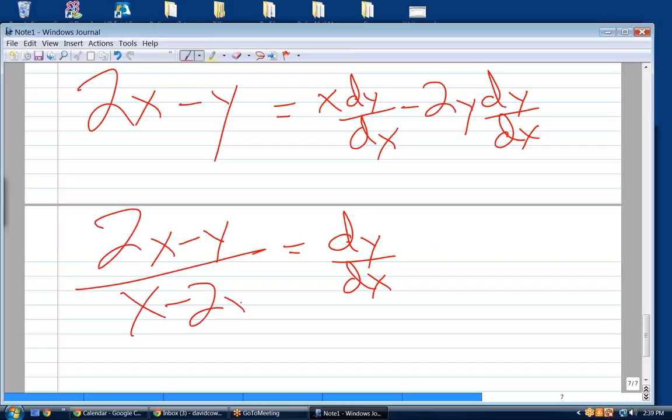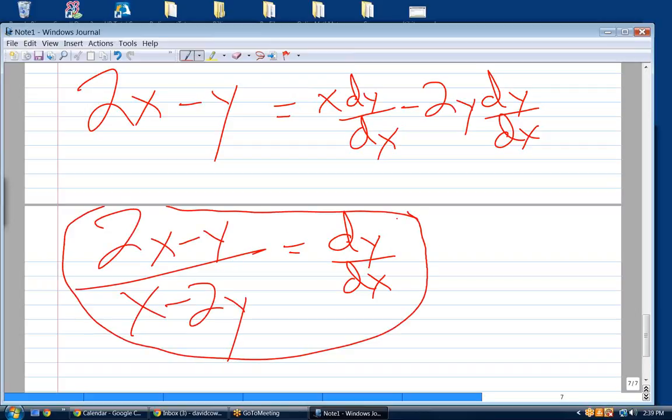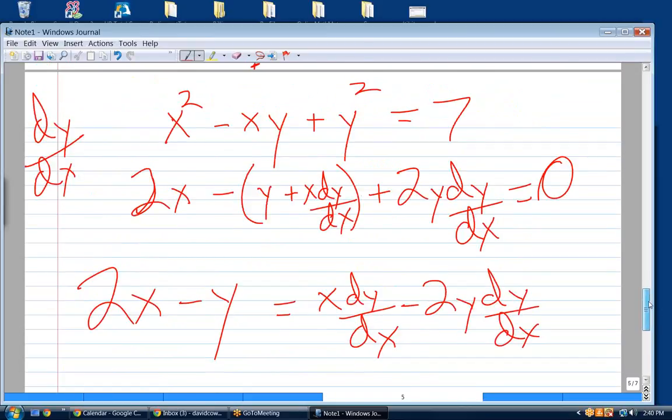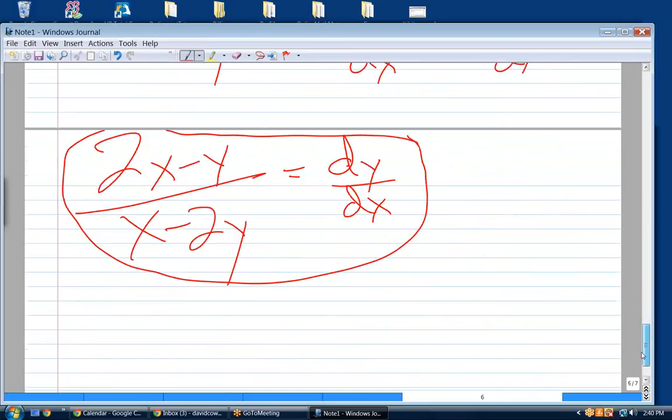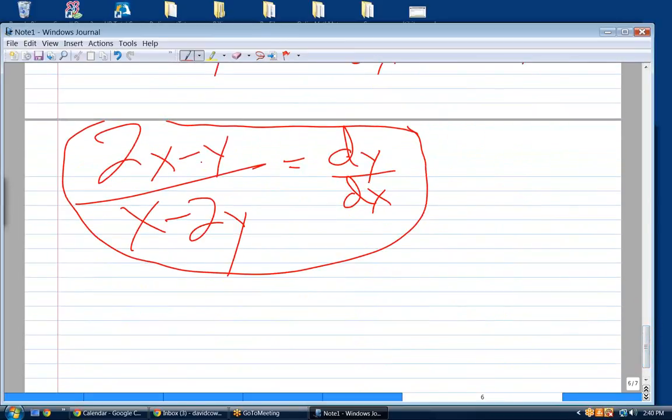And that's your answer. We have no problems having answers that have x and y in them. Since we don't have a value for y, we can't solve this for y, so we can't go back in and substitute for y. In other words, this has to be our final answer.